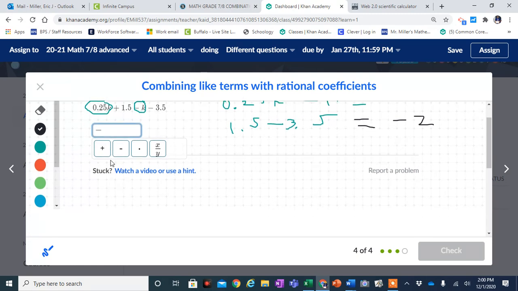So our answer is negative 0.75k minus 2.